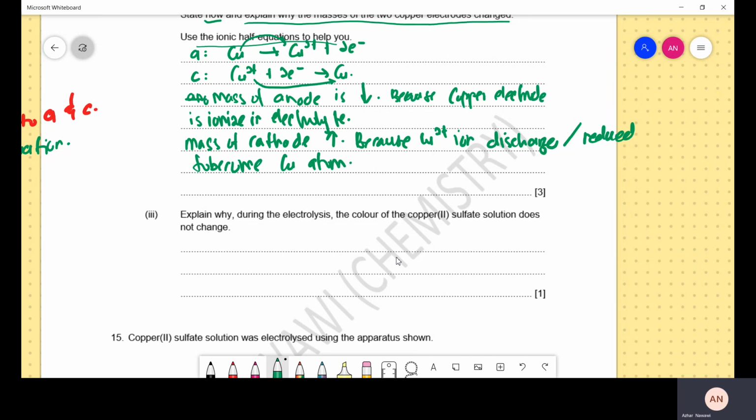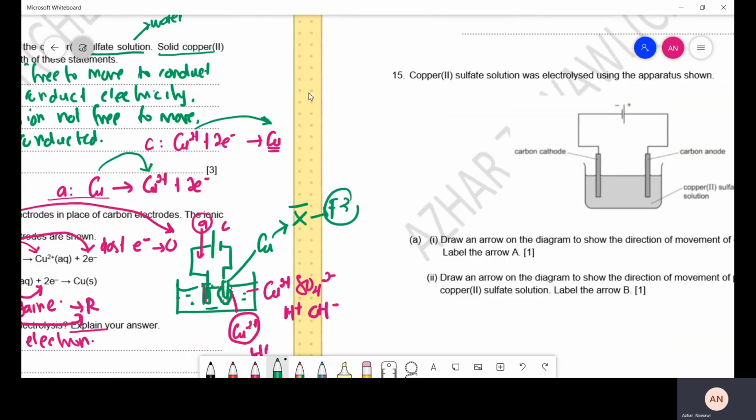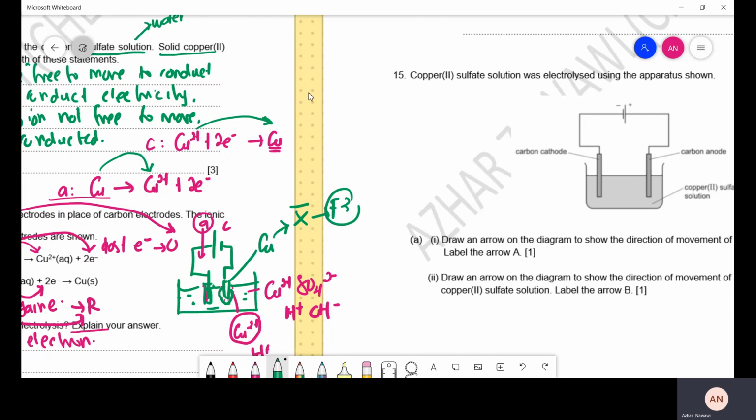Okay, explain why during the electrolysis the color of the copper sulfate solution does not change. You see here the half equations. Half equations help you a lot. If you cannot see here, we see the diagram. Cu produces Cu2+, but here you use Cu2+, you discharge. You produce, you discharge.